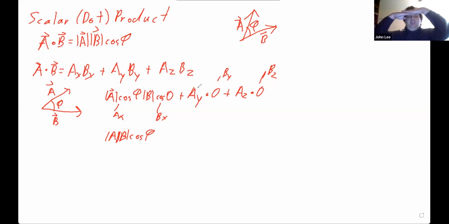Cosine phi will just get smaller and smaller the farther apart they are until they hit perpendicular, at which point cosine phi is going to be equal to 0 when phi equals 90 degrees or pi over 2. So what this also tells us is how much they overlap.